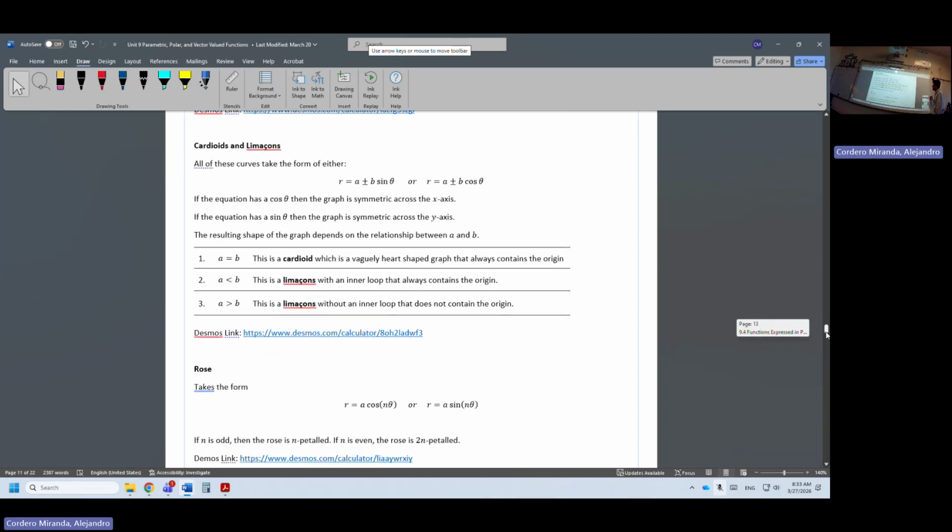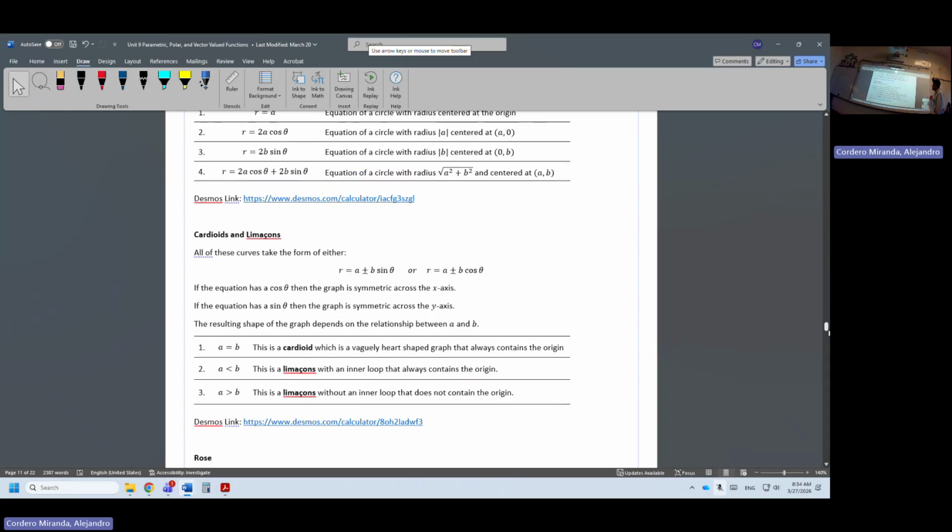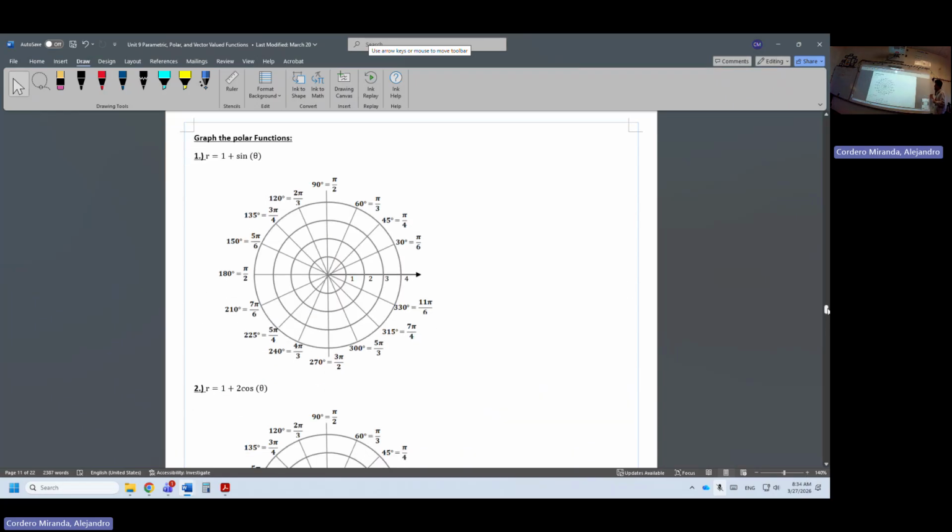Here's a cardioid, here's whatever. But there are so many little rules, even for something that looks the same way. 1 plus 2 sine of theta will look different than 2 plus 1 sine of theta. So to me, that's way too much to memorize. I don't have these in my brain ready to go. What I have to do every time is trace along and graph it.